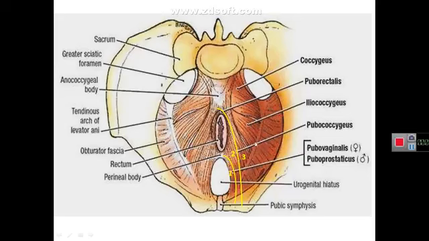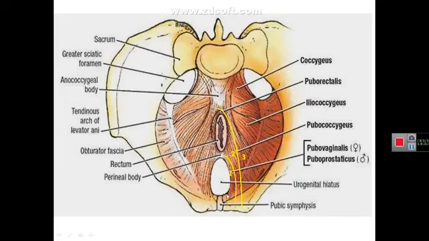You can demarcate iliococcygeus here because it originates from the posterior half of the wide tendinous arch of obturator fascia. Only the posterior half. The anterior half of the tendinous arch of obturator fascia and the body of pubis give origin to pubococcygeus.